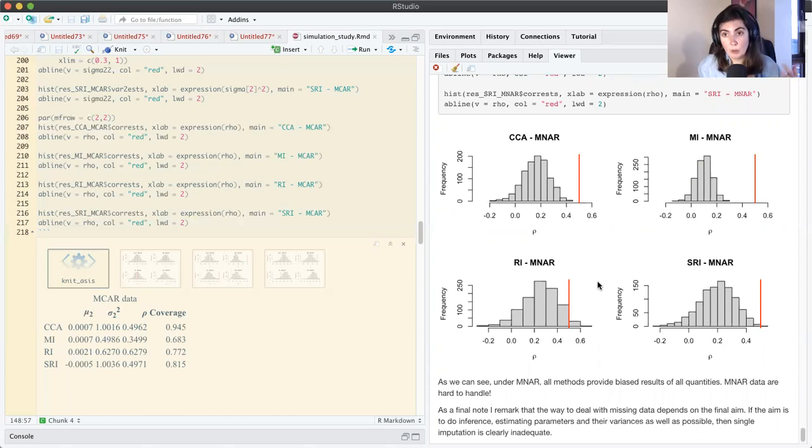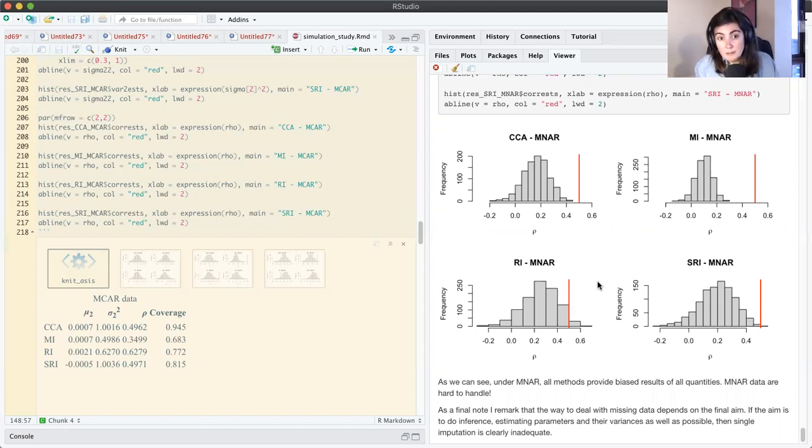We know that the coverage is underestimated, so single imputation is not in general recommended, but it forms the basis of multiple imputation, and in fact stochastic regression imputation forms the basis of one of the most widely used multiple imputation methods. So it's good to learn it here.